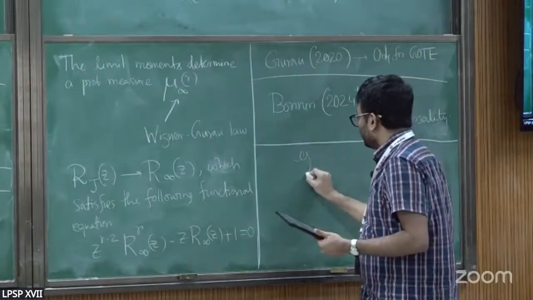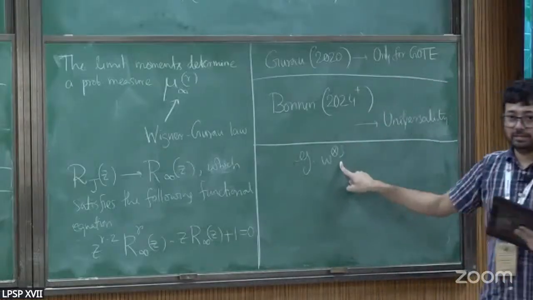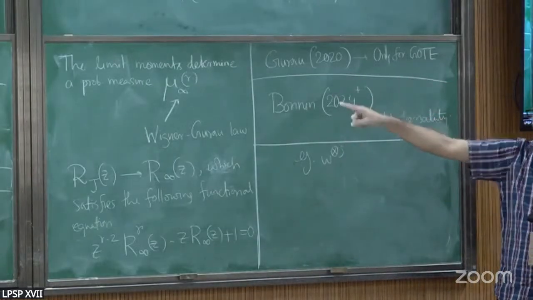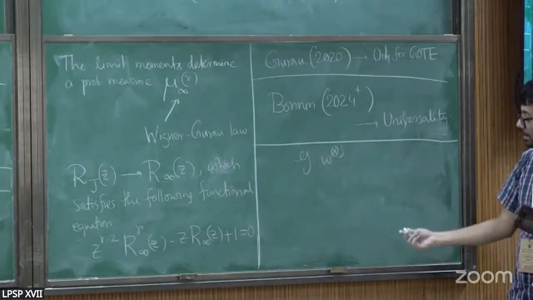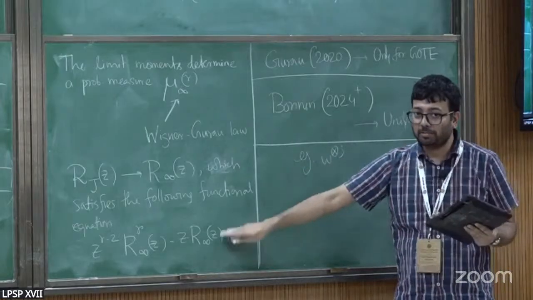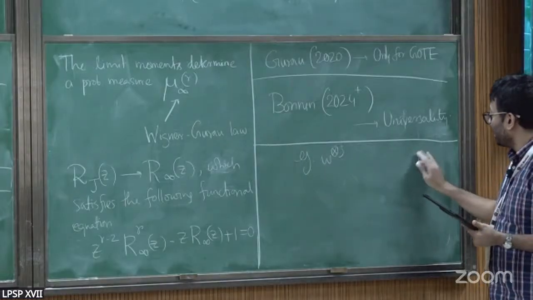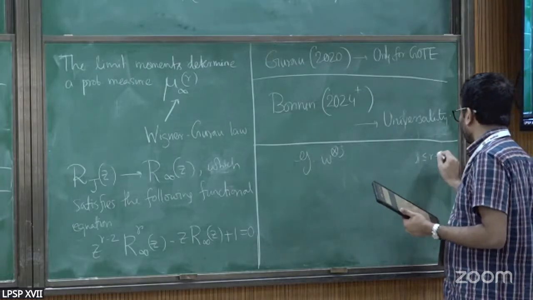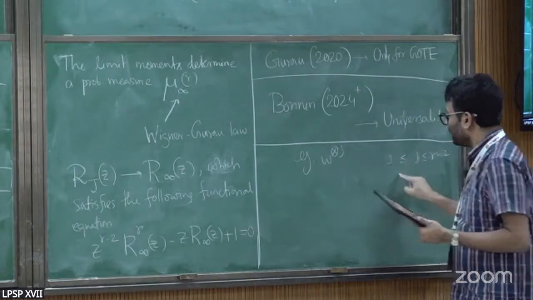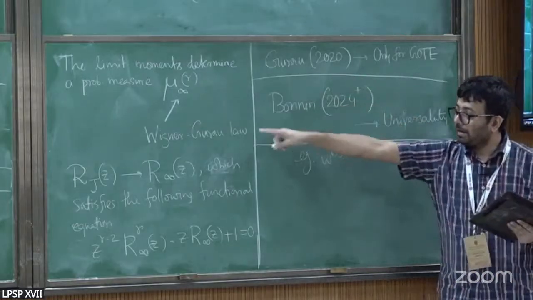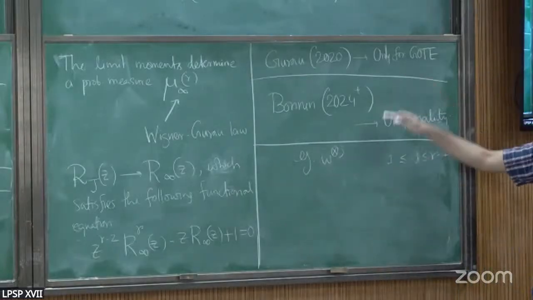You take this GOT tensor and contract it along j many directions. We looked at the j equal to r minus 2 case when you get a matrix. We get the semicircle law at the limit. If you don't contract, you get this Wigner-Gurau law. If you contract along j directions, where j is between r minus 2 and 1, then you again get this family with a different parametrization.